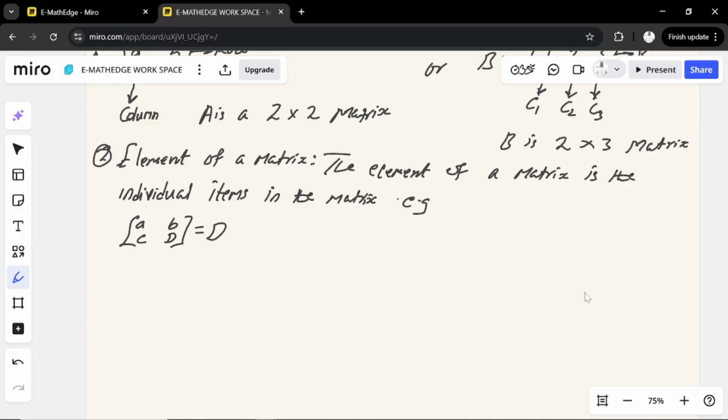So that is to say, the elements of this matrix now are A, B, C, and D. These are the individual items we have in this matrix D. It can be alphabets, it can be numbers, it can be expressions, and it can be symbols, just like we noted earlier about matrices.